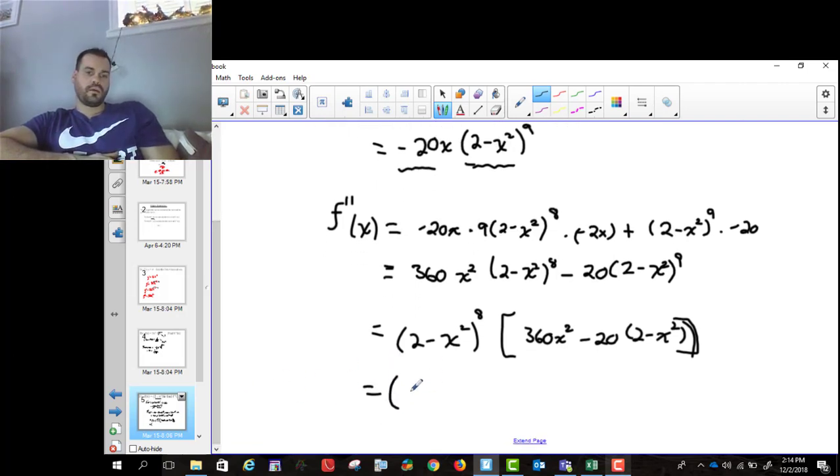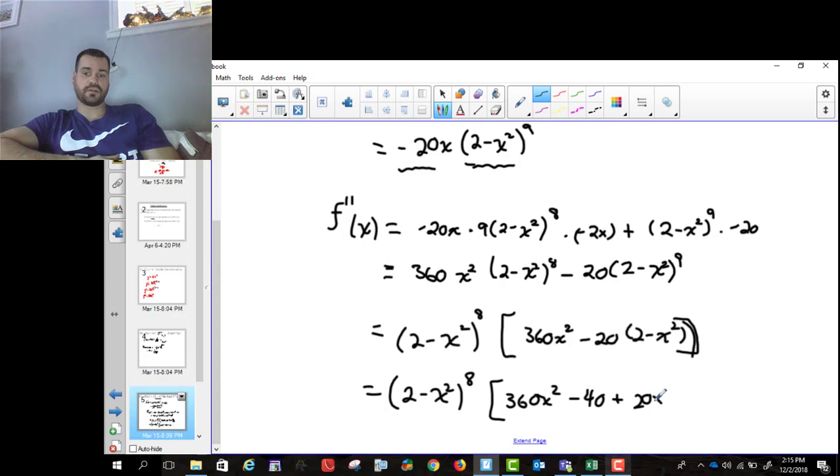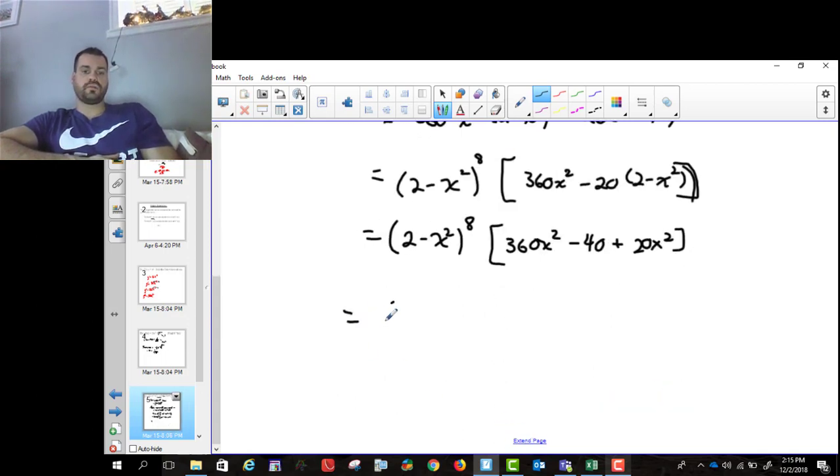So we get 2 minus x squared to the 8th. And then you notice this is 360x squared minus 40, and then plus 20 more x squareds. And so we can put those together. And so we can make it 2 minus x squared to the 8th, multiplied by 380x squared minus 40.